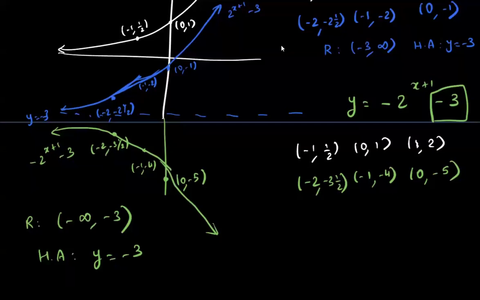So now let us move on to what do we do next here? Let's solve a few equations, perhaps. So what if the value of the base is between 0 and 1, right?